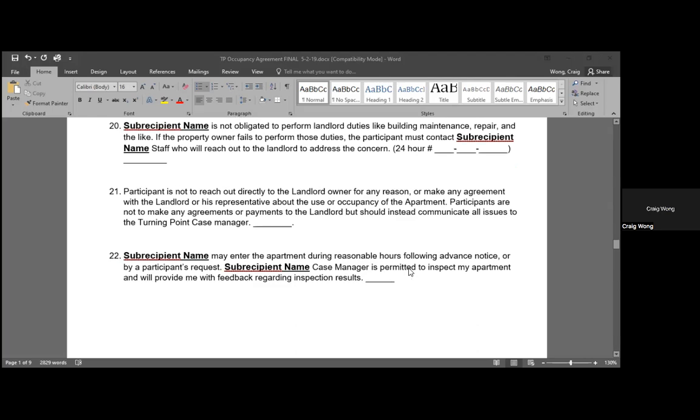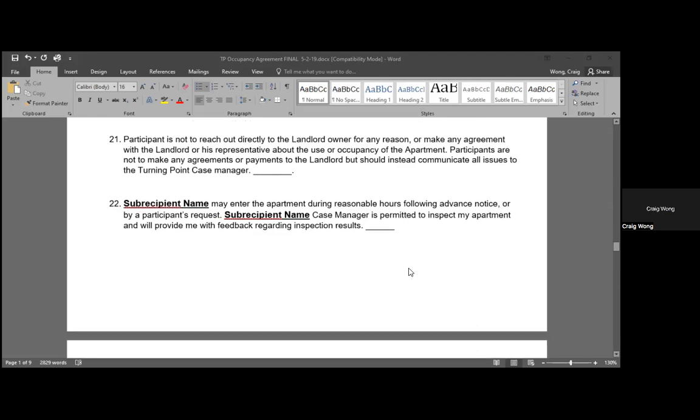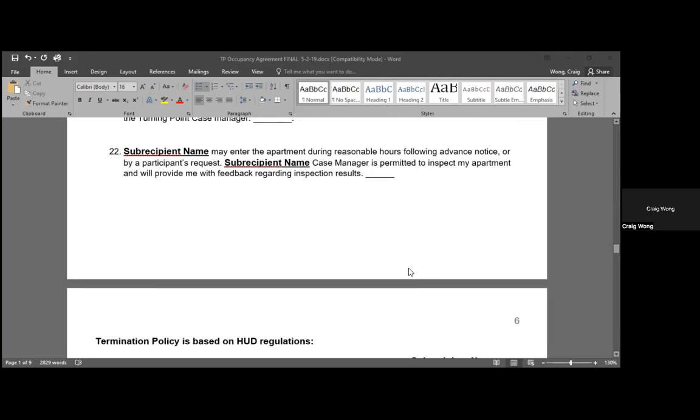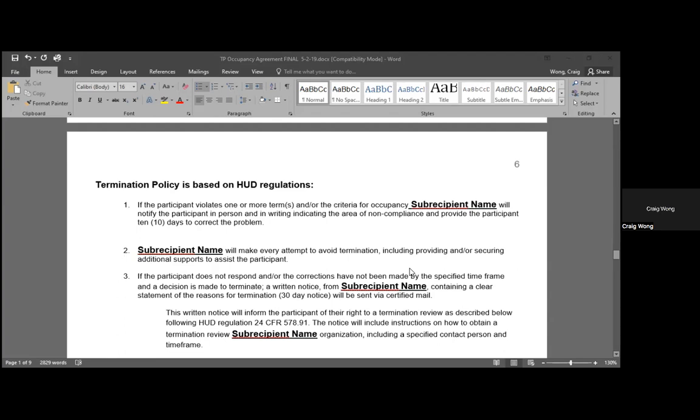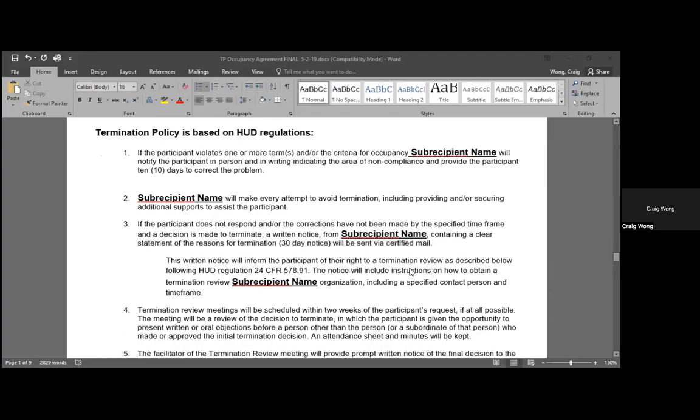As I scroll down, again, just basic information that is helpful for the participant to be aware of. Here, we'll talk about termination policy based on HUD regulations. Very important. HUD requires for us to have discussions with the participants regarding termination.